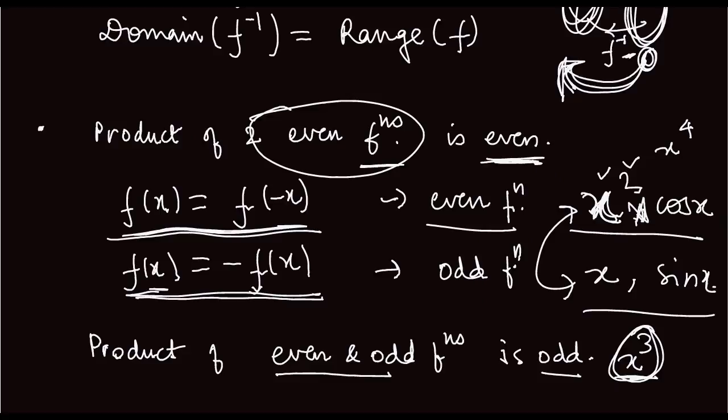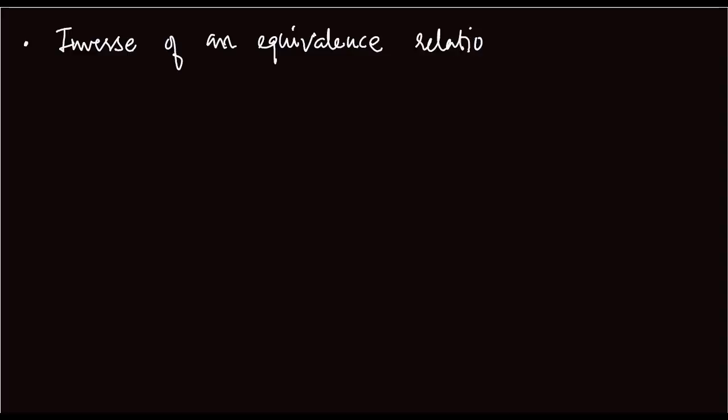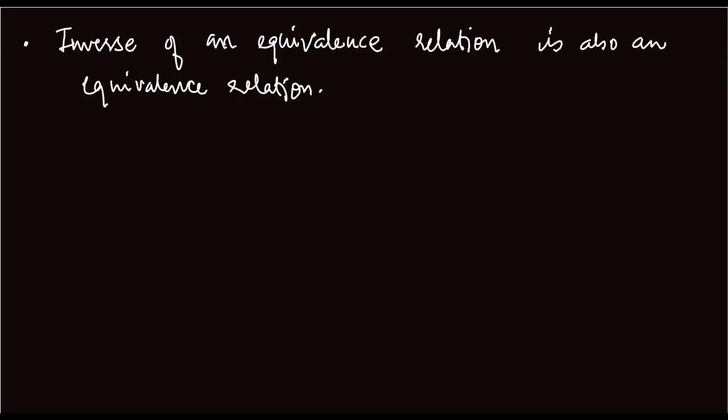Okay, because when you change x to minus x in x square, it will be again x square. Next point, we'll move on to the inverse of an equivalence relation. What is an equivalence relation? Let's just revise it. An equivalence relation is a relation which is reflexive, transitive, and symmetric at the same time. So the inverse of an equivalence relation, which is also directly asked in the exams, is also an equivalence relation.